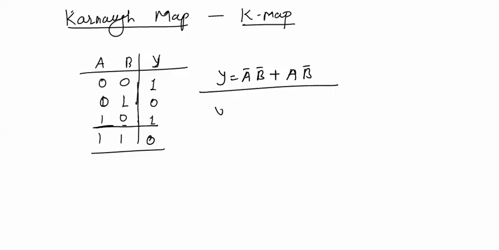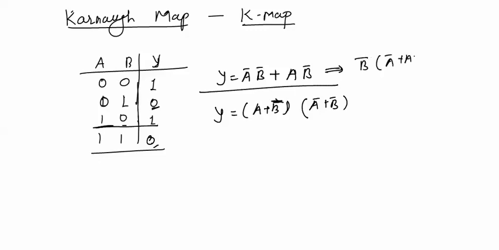We can also write this expression in POS form, where we look at the 0s: Y equal to A plus B bar and A bar plus B bar. Both the expressions can be simplified. In the first, B bar will be common, A bar plus A will be equal to 1, giving B bar.